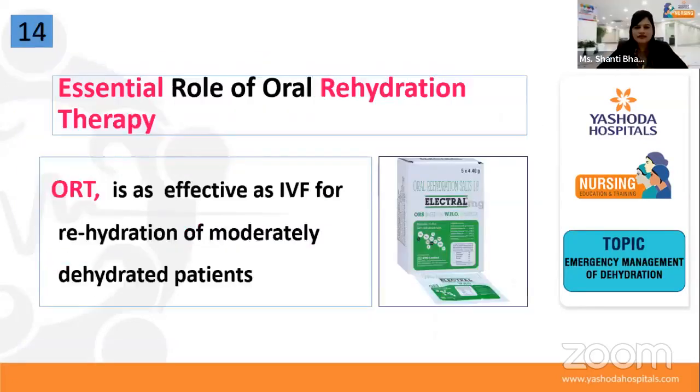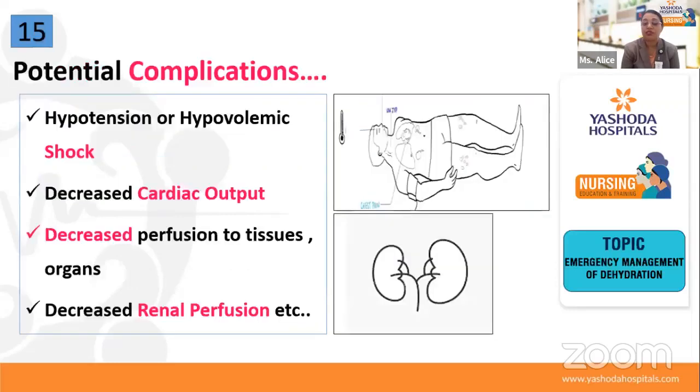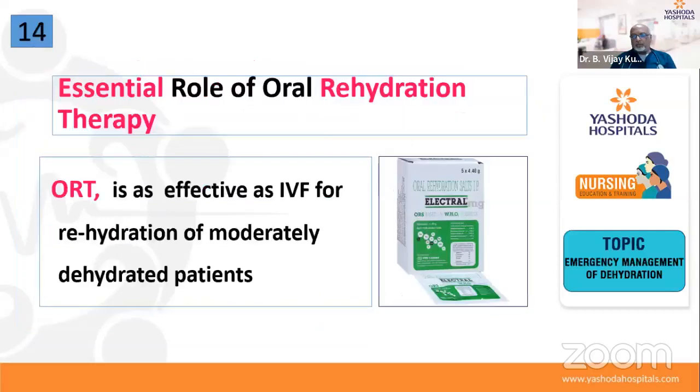Oral dehydration therapy is as effective as IV fluid for rehydration of moderately dehydrated patients. That's one important point. Before oral rehydration solution was available, almost 10 million children below the age of 5 years used to die just because of dehydration.